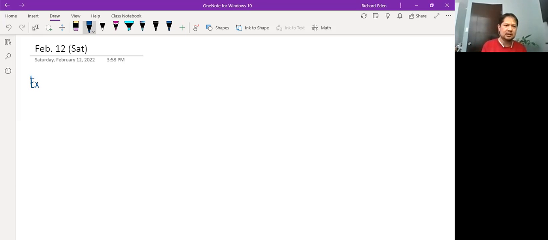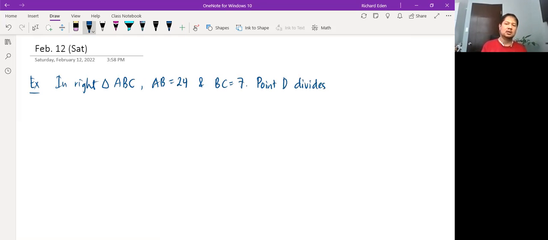Example. Let me illustrate. In right triangle ABC, AB is 24 and BC is equal to 7. Point D divides the hypotenuse AC.